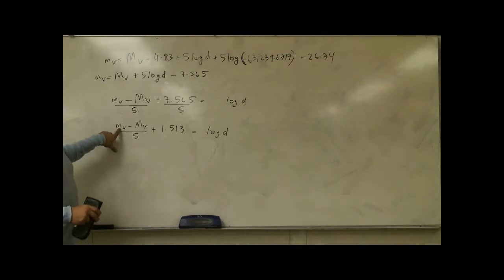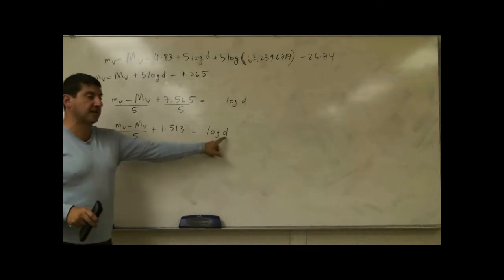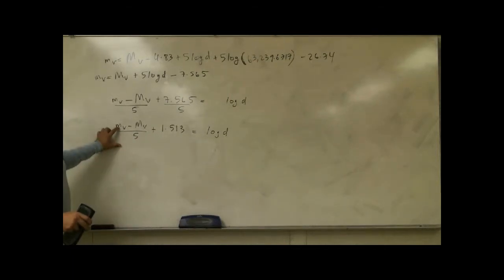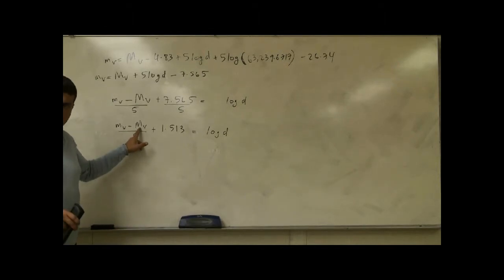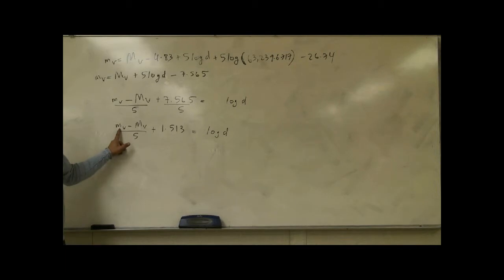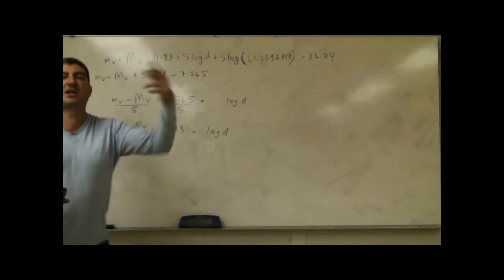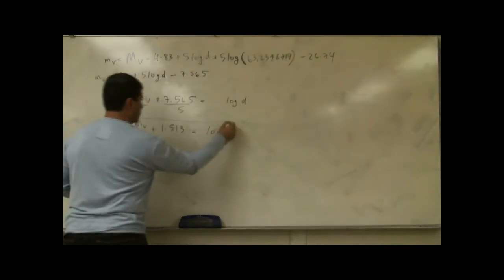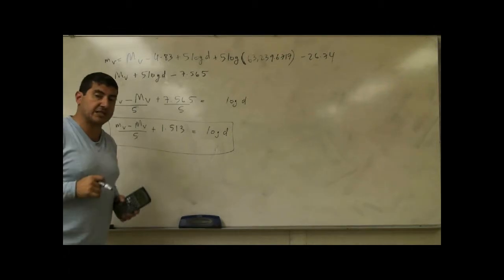If I know its apparent visual magnitude already, and if I know the absolute visual magnitude, I can calculate the distance. If I know the apparent visual magnitude and I know the distance, I can calculate the absolute visual magnitude. And if I know the absolute and the distance, I can calculate the apparent. So if I know any two of these three, I can calculate the other one, right? So let's circle this one. But we're going to even develop this one step further.